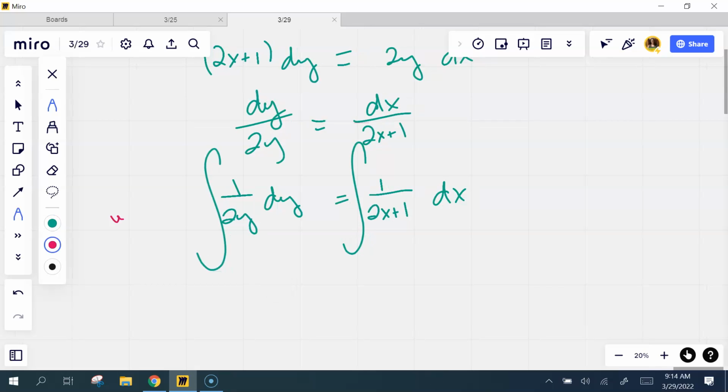On this side, if u is 2y, what's du? 2. So I'm going to need a 1/2 here. Are y'all with me there?